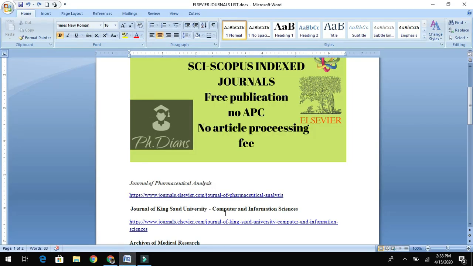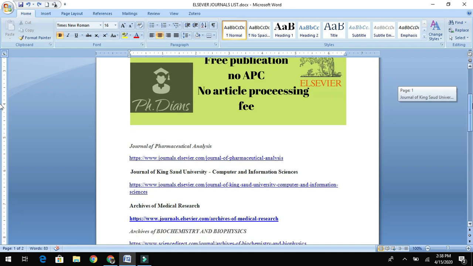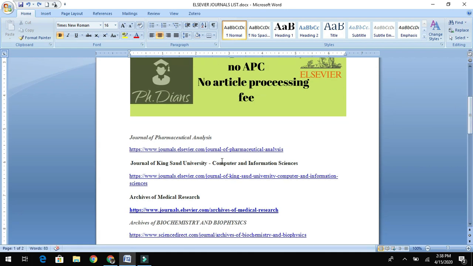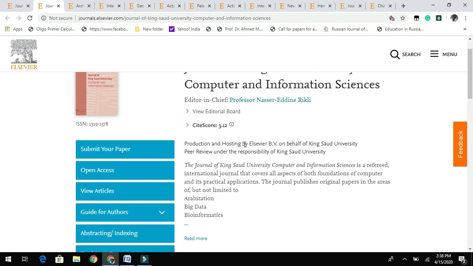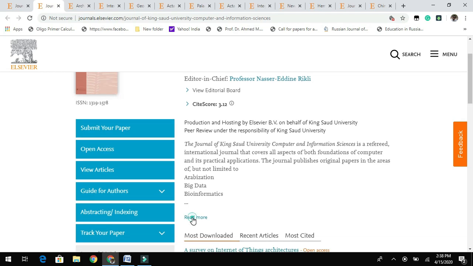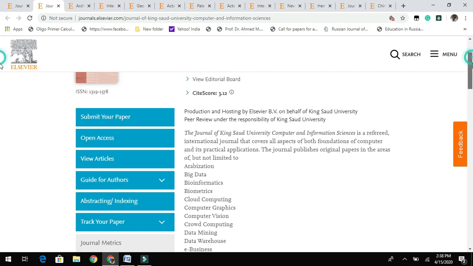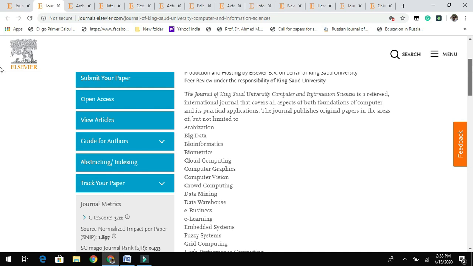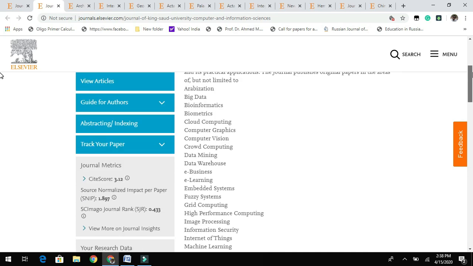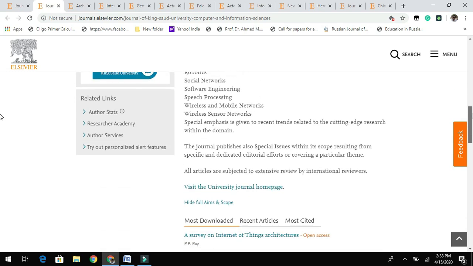So moving on to the next journal in the list, Journal of King Saud University, Computer and Information Science. So let us go on to this page. So the production and hosting is by Elsevier on behalf of King Saud University. Here you can see the aims and scope, the articles related to big data, bioinformatics, biometrics, cloud computing, computer graphics, etc. are welcomed in this journal.